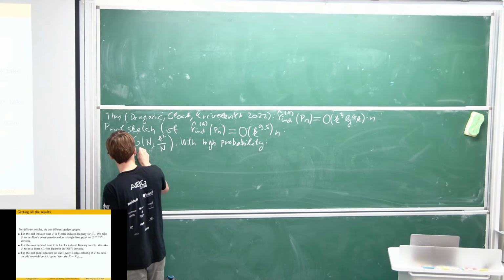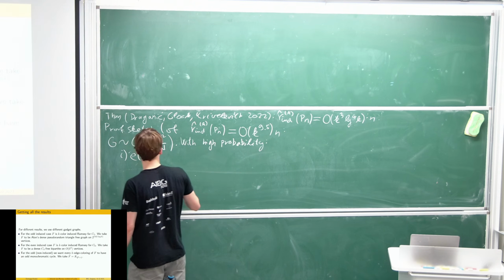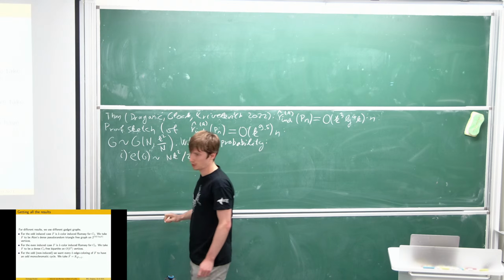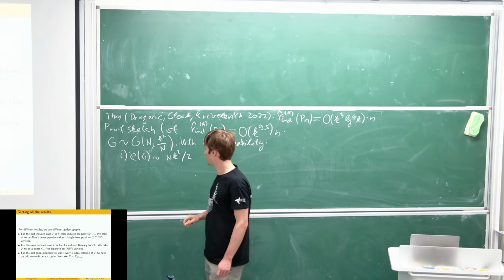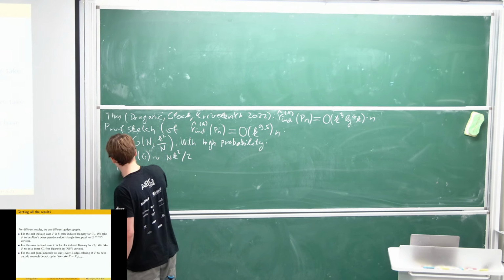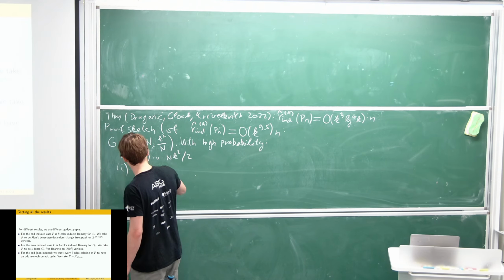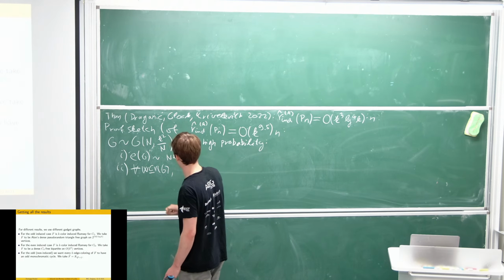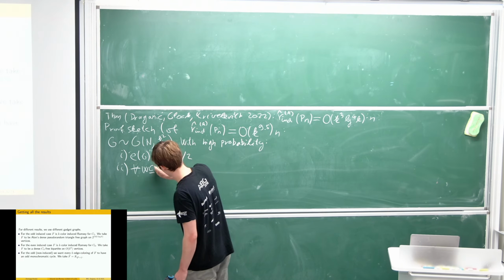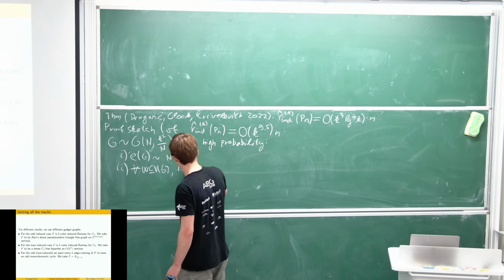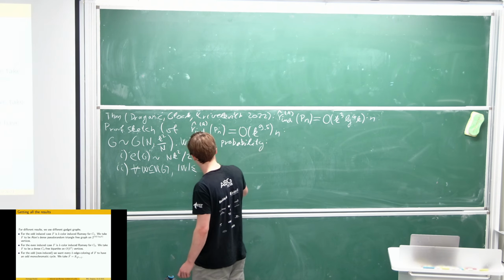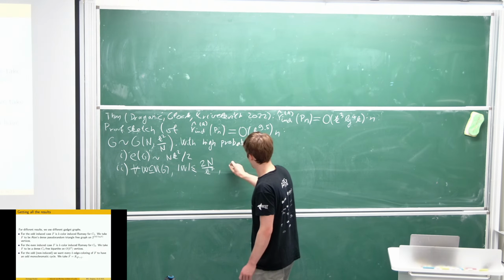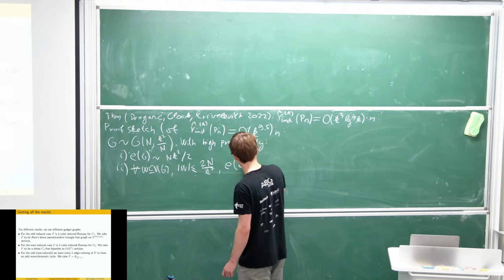First, well, we know the number of edges: N times k squared over 2. And second, for any set of vertices W which is not too big, let's say of size at most 2n over k to the 7, there cannot be too many edges.